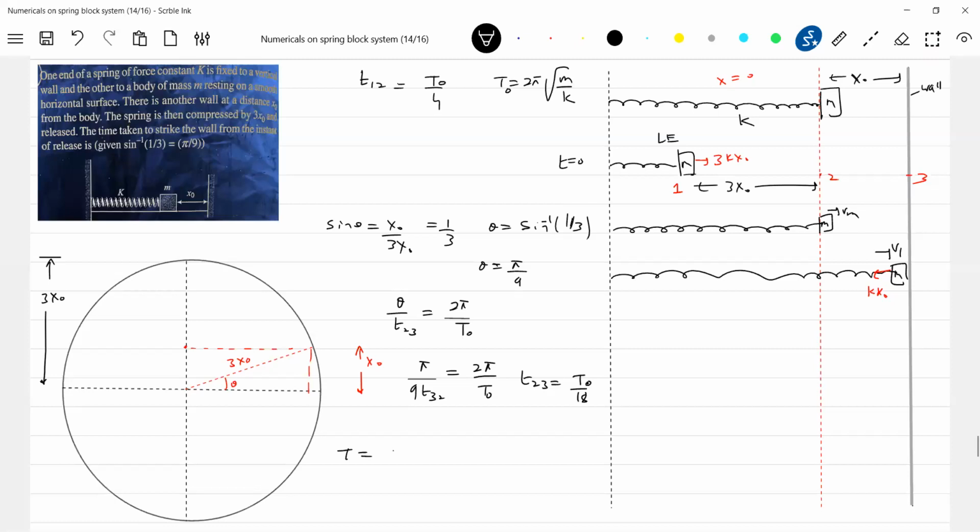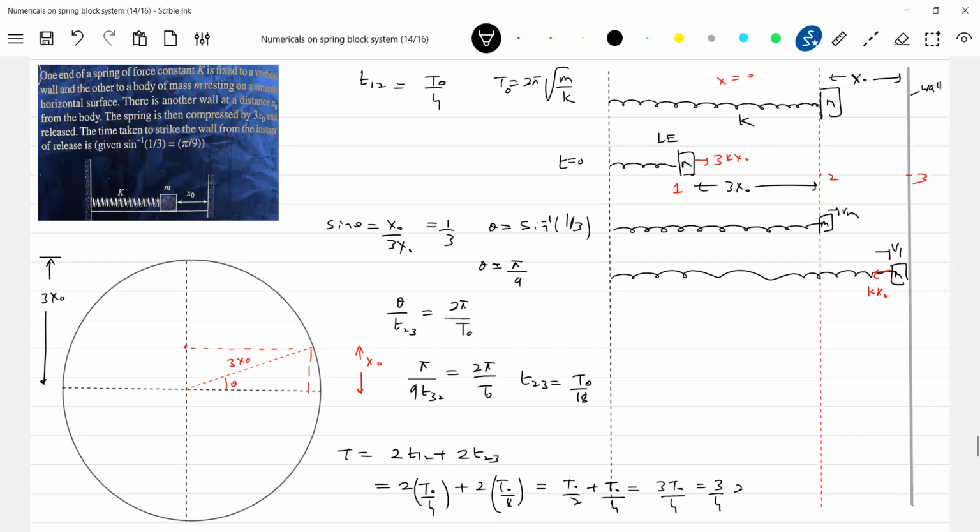T should be equal to 2 times T12 plus 2 times T23. T12 will be T naught by 4, and this will be T naught by 18. So T naught by 2 plus T naught by 4, that is 3 T naught by 4.